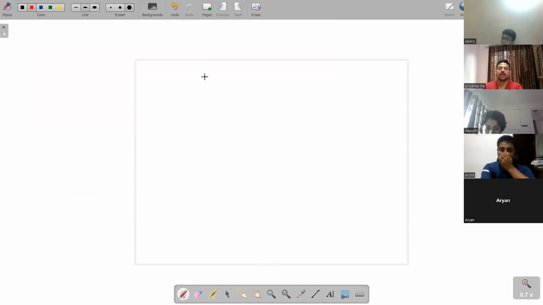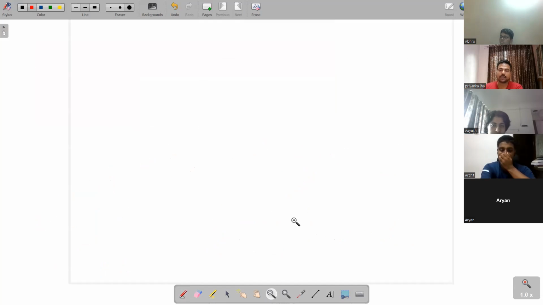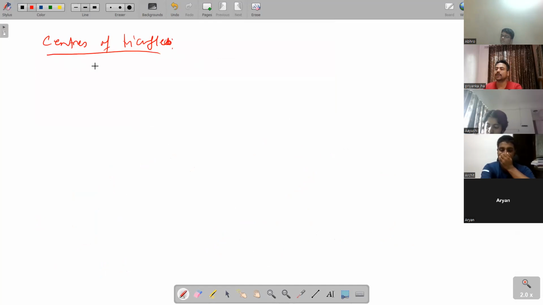Now see, right now we actually have to remember a few centers of a triangle: centroid, orthocenter, incenter, circumcenter, excenter, etc. But right now we are not going to prove this because it is too early for you. There is a separate chapter for that, solution of triangles, in class 12.